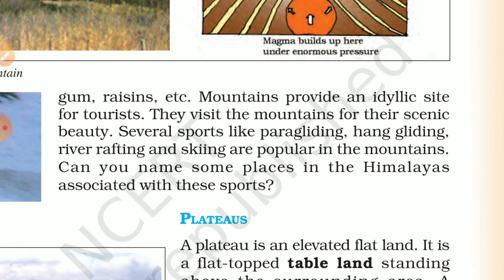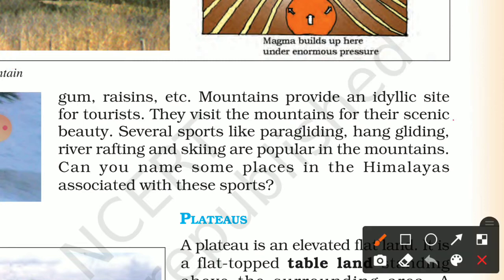You know about some of these sports, like hang gliding and paragliding. These are organized in hilly areas, because the person runs from the hilly area and goes from the upside to the downside.